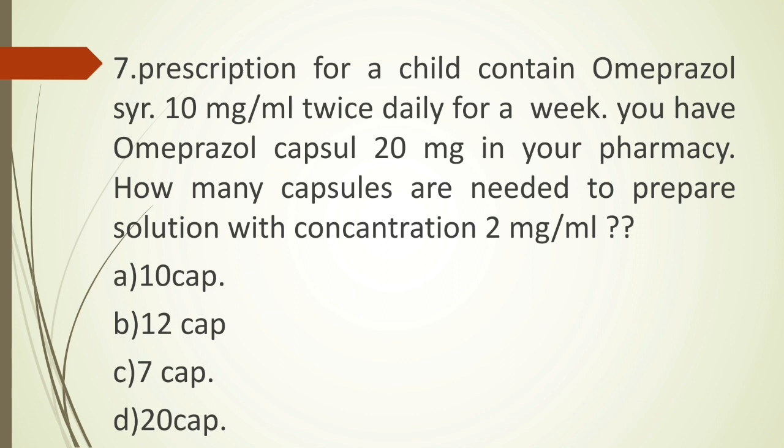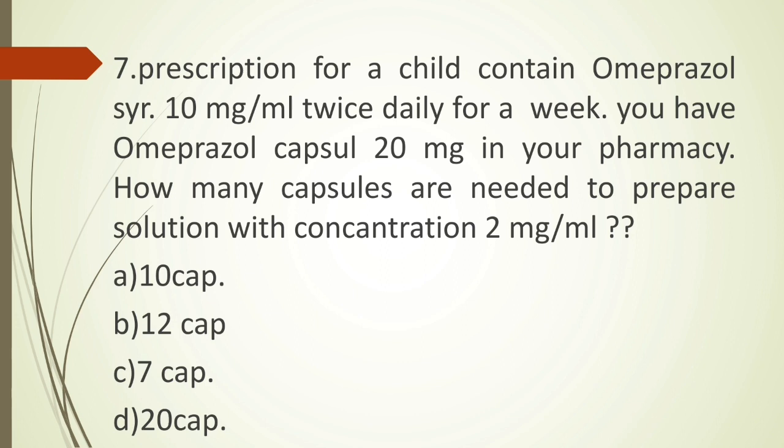So the prescription contains Omeprazole syrup with dose 10 mg per ml twice daily for a week. So in a week the child has to take 10 mg per ml twice daily.